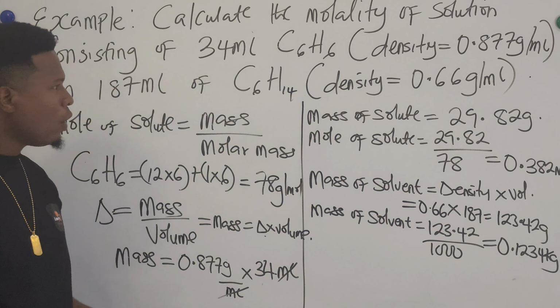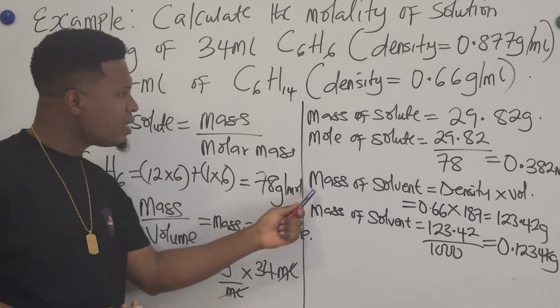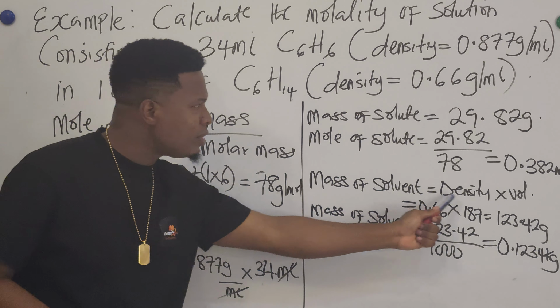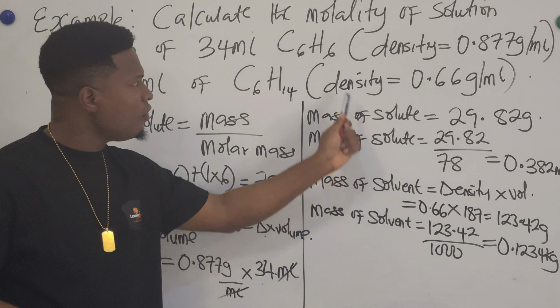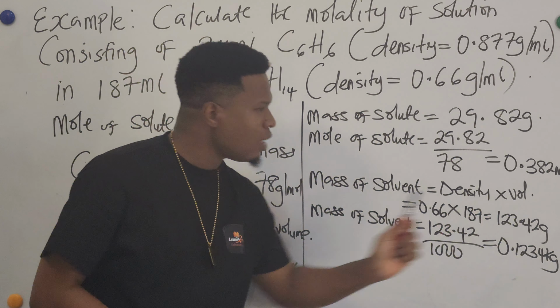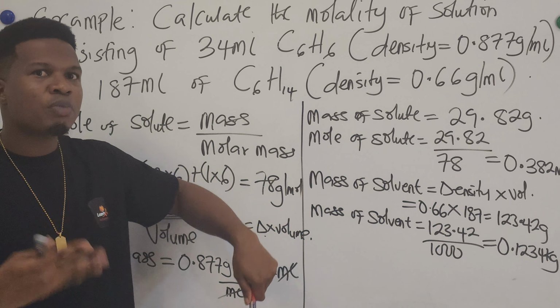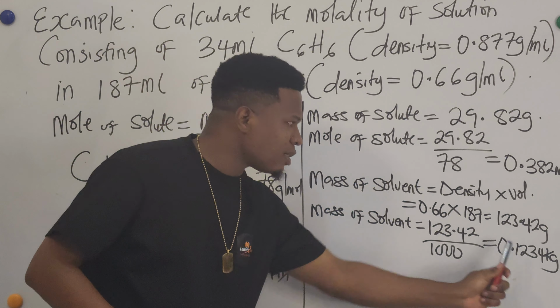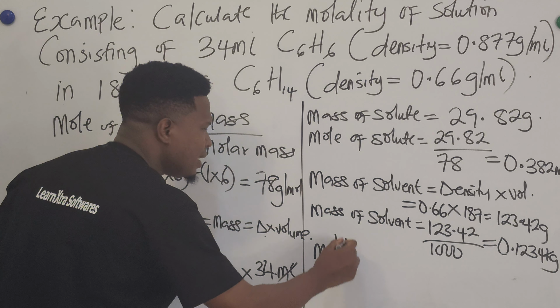Okay? So when you now get the mole of the solute, the next thing is to get the mass of the solvent, which is still density times volume. The density of the solvent is this, the volume is this. Multiply these two and you have the mass. You convert it to kilogram because the mass of the solvent must be in kilogram, so divide by 1000 and you have this. So lastly, we get the molality.